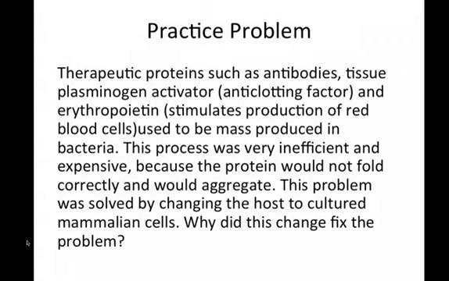The real question is, what's the difference between bacteria and mammalian cells in terms of protein folding? Because antibodies, tissue plasminogen activator, and erythropoietin are all proteins that are secreted out of the cell.